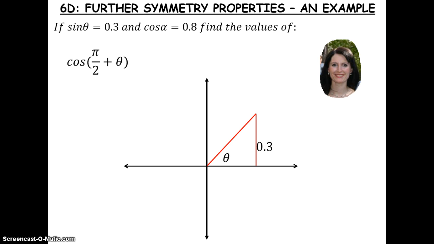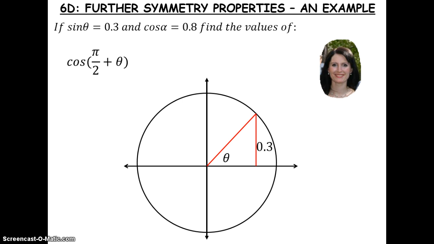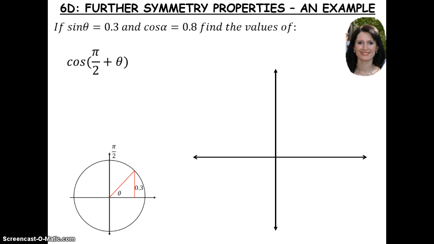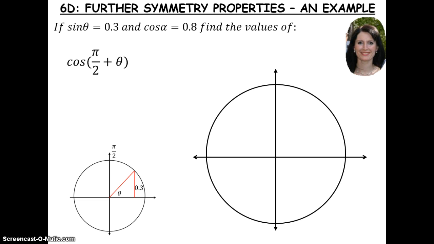Let's now do the value of cos of pi on 2 plus theta. Here is theta, and we're saying that the sine value of theta is 0.3. So that's how we would illustrate it there. There's pi on 2. Let's put that triangle down in the left-hand corner, and let's now move the triangle so that we're saying pi on 2 plus theta. There's the triangle there. Where is 0.3 going to be?